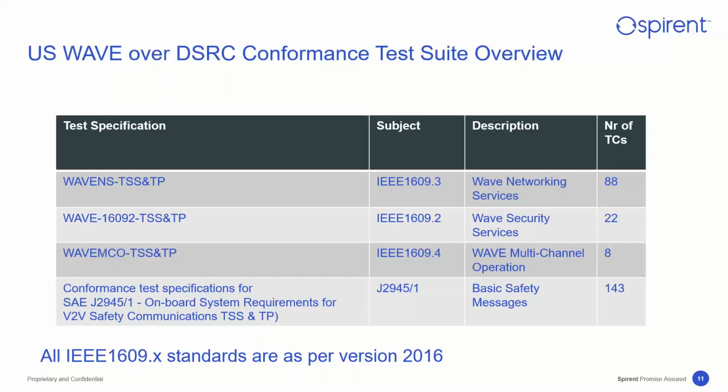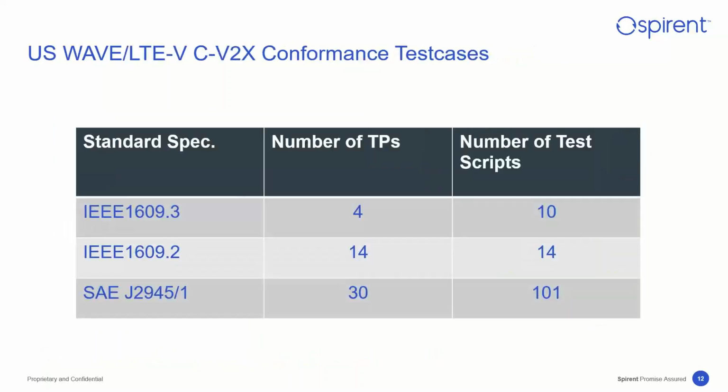And obviously for CV2X it's a bit less because you don't have the WAVE .4 test cases, and some of the DSRC radio specific test cases will not apply. But for 2945, it's almost the same number of test cases, and pretty much the same for .3 and .2.